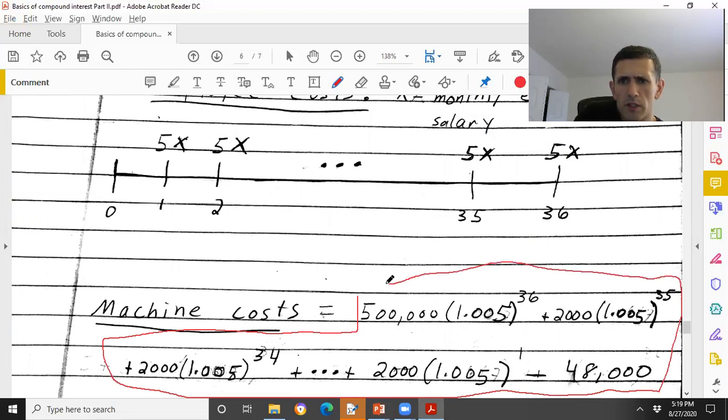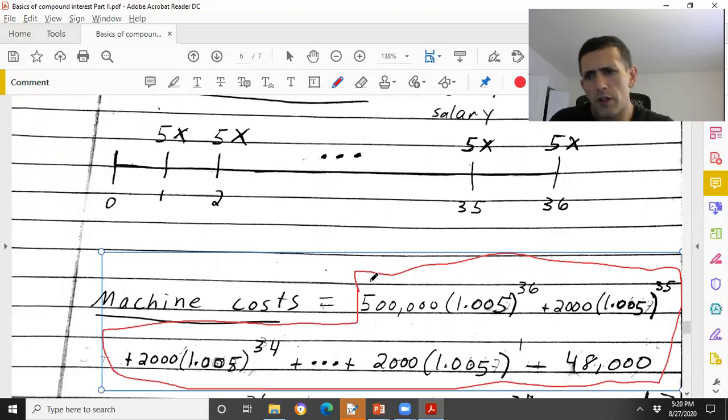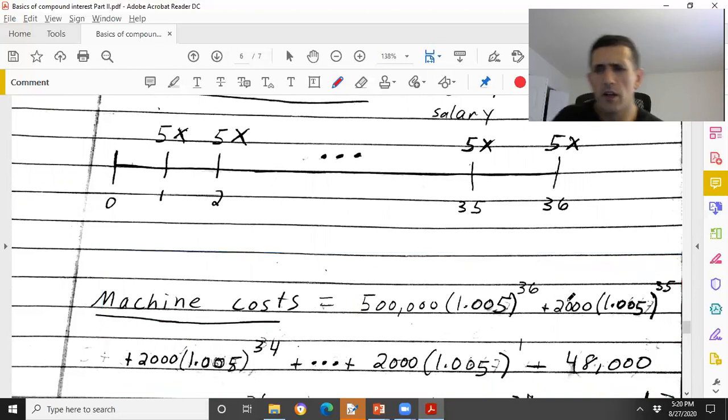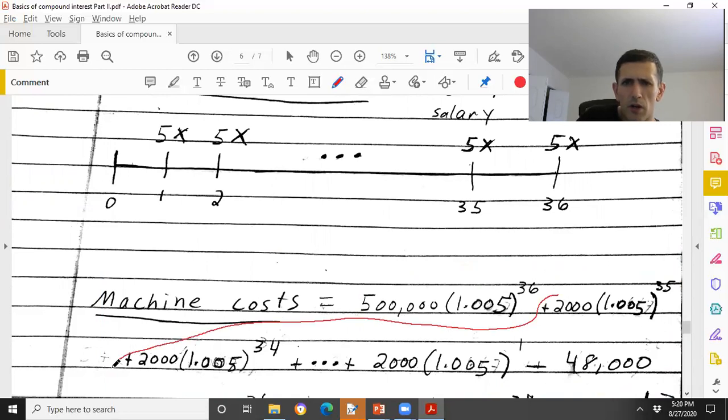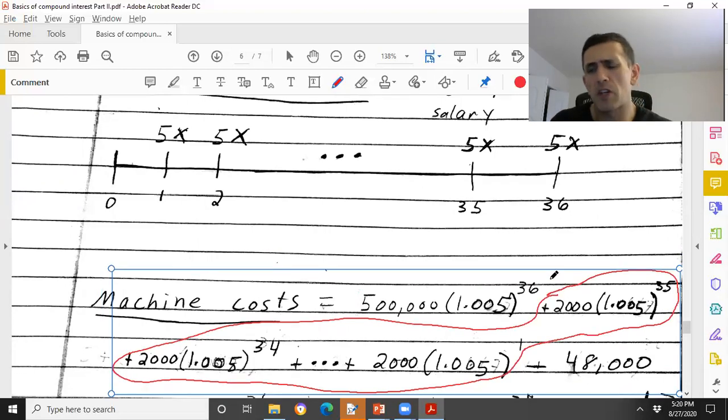And I want to plug this into the finite geometric series formula. So you just have to keep the minus 48,000. And you really have to keep the 500,000 times 1.005 to 36. But we can slightly manipulate what I'm circling here and dump it into the finite geometric series formula.